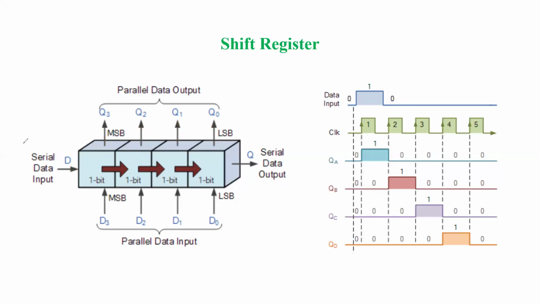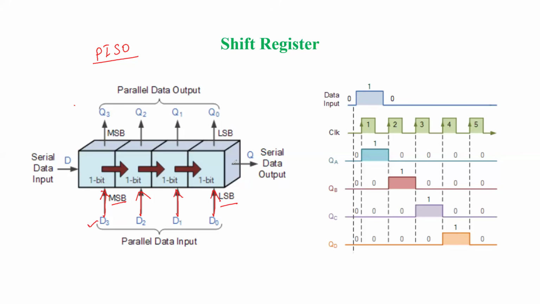Again, if you consider the next situation, parallel in, serial out. In case of parallel in, serial out, we'll consider this scenario as the input: D0, D1, D2, D3. This is for 4 bits. You see that the MSB bit is given to the leftmost flip-flop and the LSB bit is given to the rightmost flip-flop.